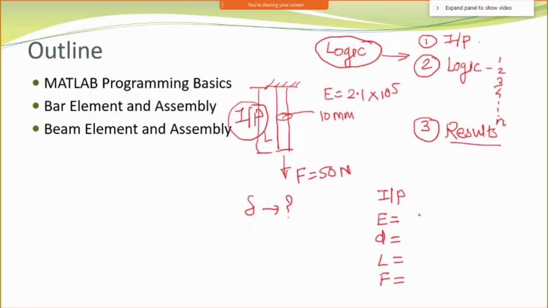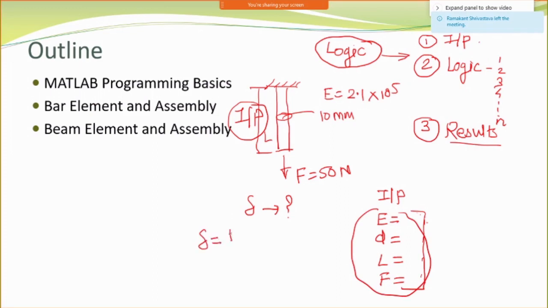Once we have them, we need to put them into the formula, that is delta equal to FL by AE, or EA, whatever it may be.